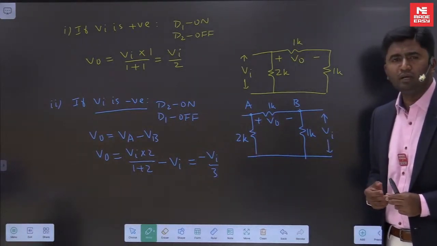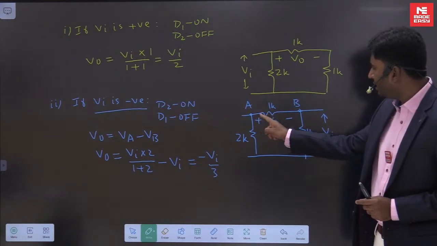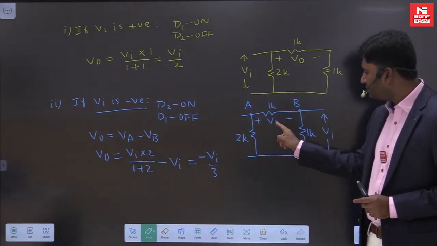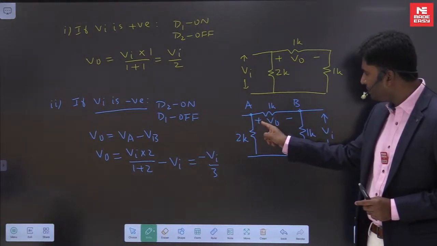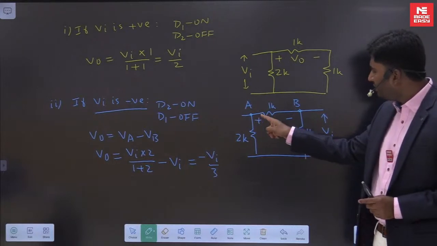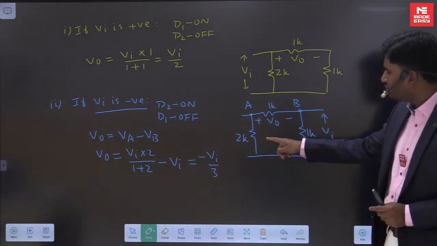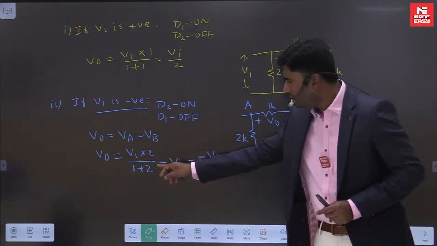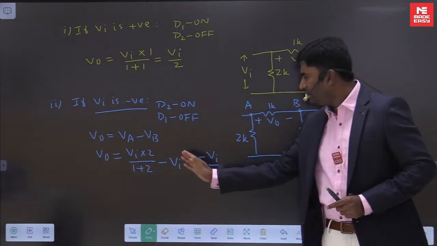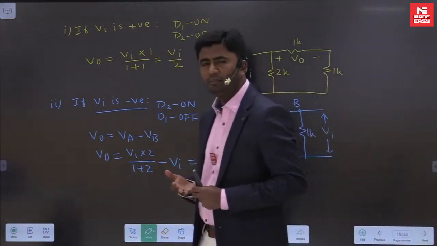I hope everybody understood it. I have calculated V naught as VA minus VB. You have to pay attention to the polarity. V naught is shown with this polarity, plus here and minus here. So when you write V naught, it will be VA minus VB. VA will be VI into 2 by 1 plus 2 by voltage divider, 2 VI by 3, and VB is same as VI. 2 VI by 3 minus VI becomes minus VI by 3.